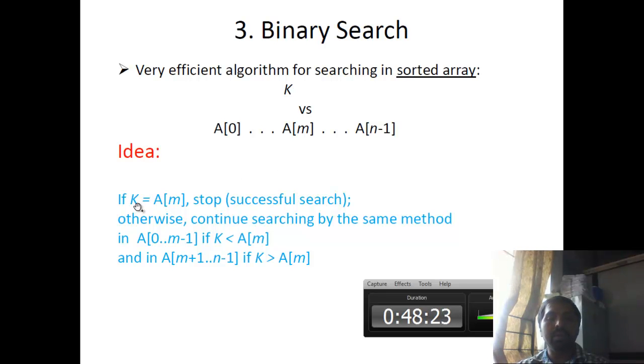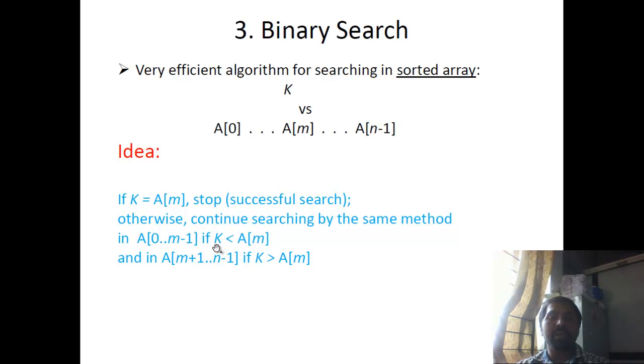So if k equals A of m, stop, otherwise continue searching by the same method in A of 0 to m minus 1 if k is less than A of m, otherwise we move to the right side.